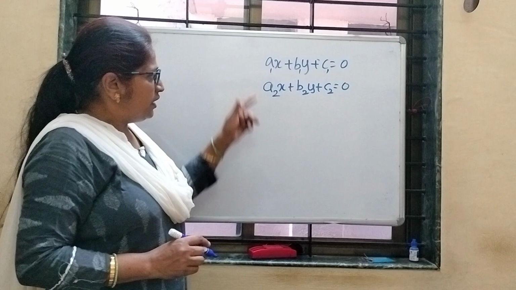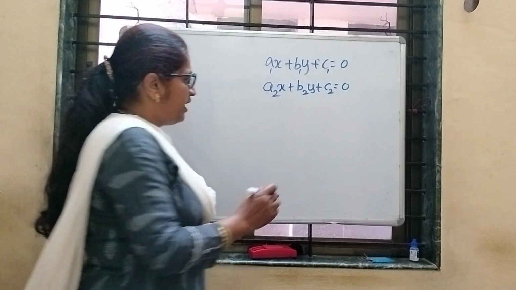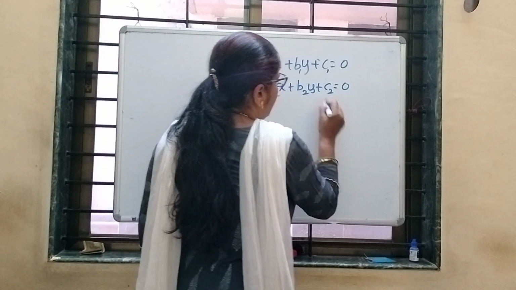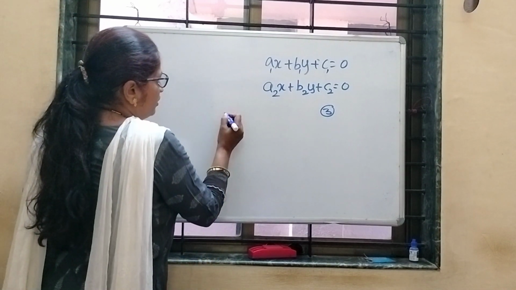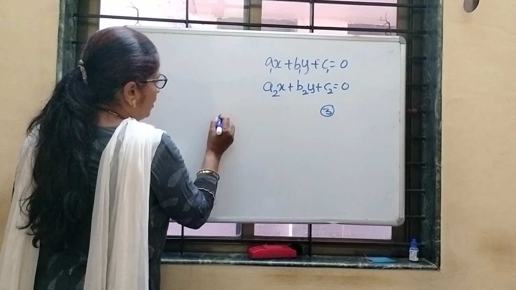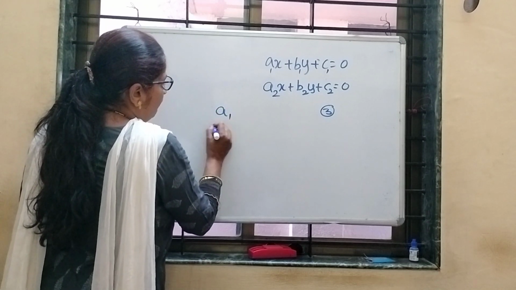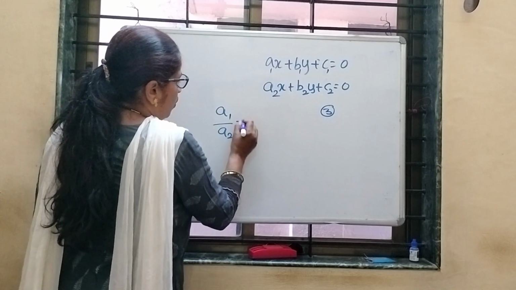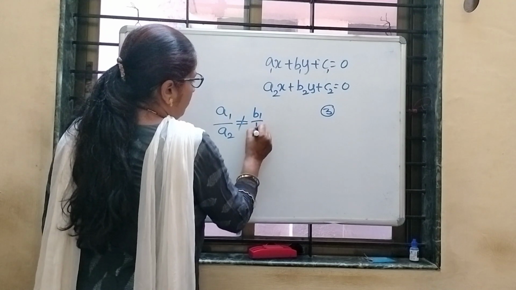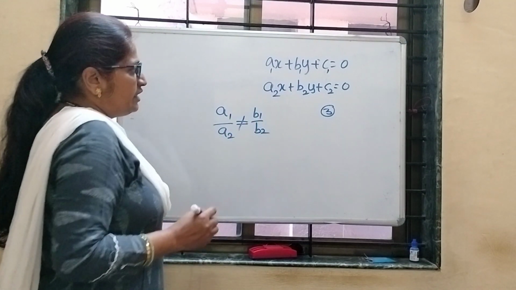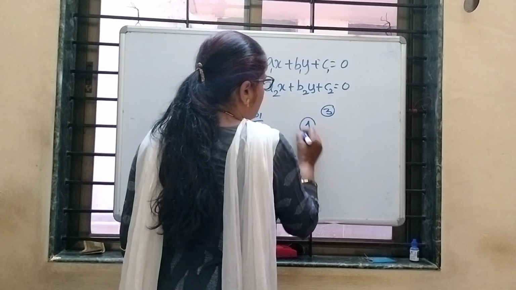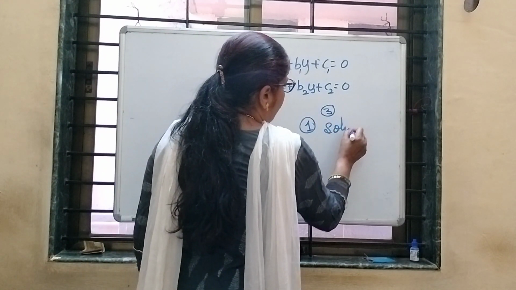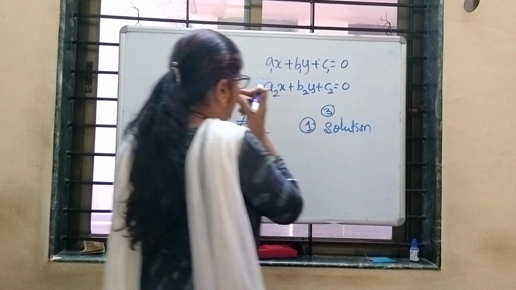So in this chapter we have three conditions. I'll explain in a simpler way, children. If a1 by a2 is not equal to b1 by b2, then these equations will have only one solution. That means the lines intersect.